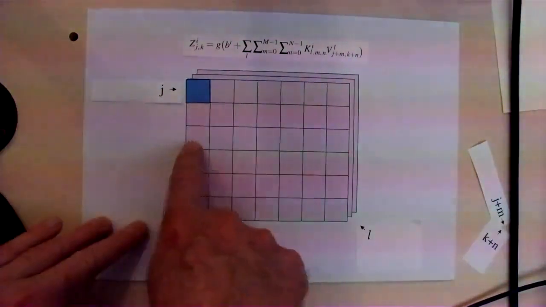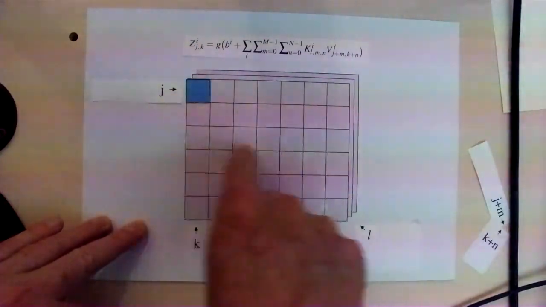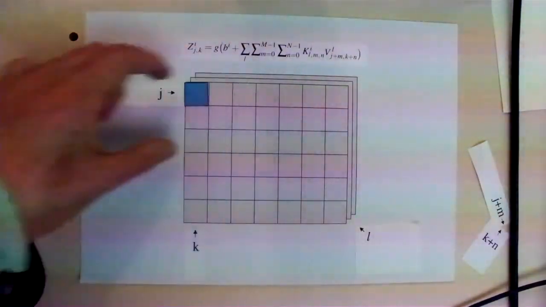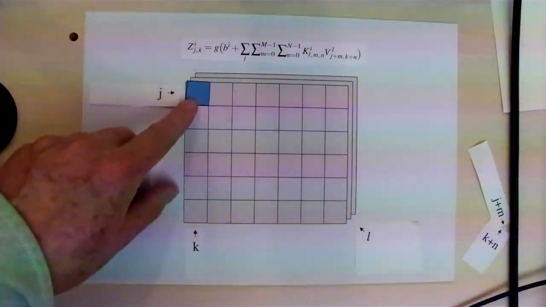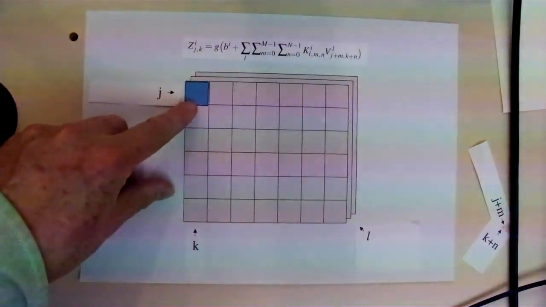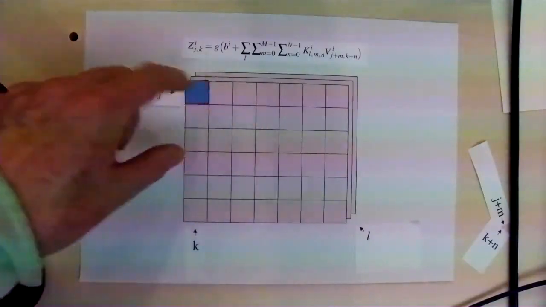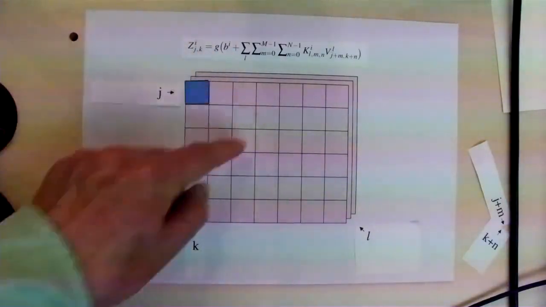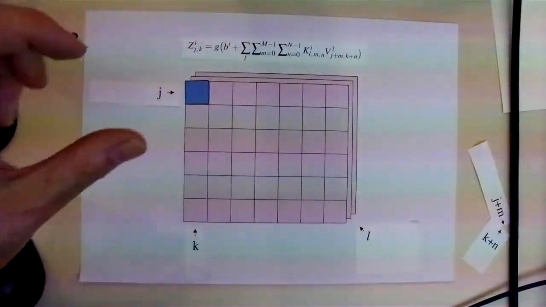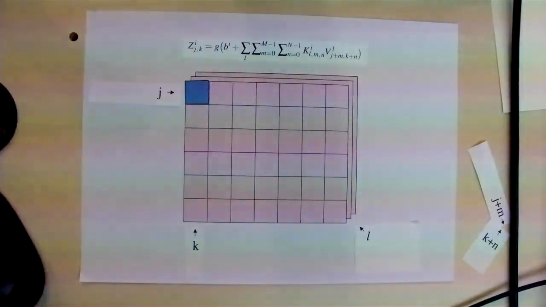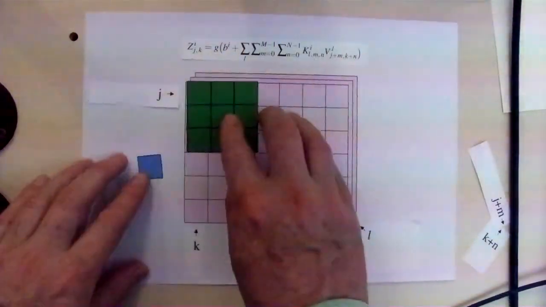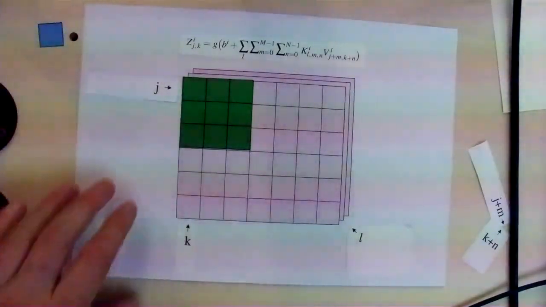It's only going to be dependent on the pixels in a small neighborhood. So the activation of this node in the hidden layer only depends on this 3 by 3 component of the image, which is represented by this green square. And so this is what I'm computing.